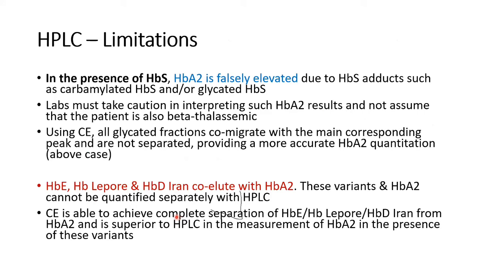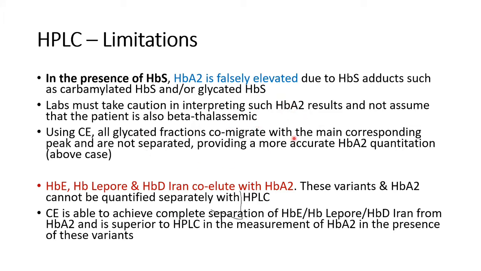Certain limitations of HPLC. In one of the cases I had shown, the sickle cell hemoglobin case, in the presence of sickle cell hemoglobin, hemoglobin A2 can be falsely elevated because the adducts of hemoglobin S can come into the hemoglobin A2 region. So the lab should take care not to diagnose compound heterozygous states just because there is elevation of A2.